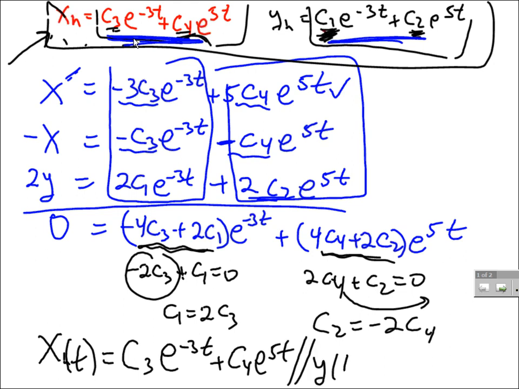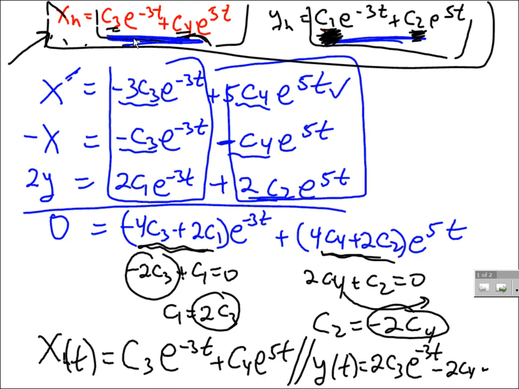And y of t is c1, but that's 2c3 e to the negative 3t plus c2, which is negative 2c4, negative 2c4 e to the 5t. And these are the general solutions to x and y.